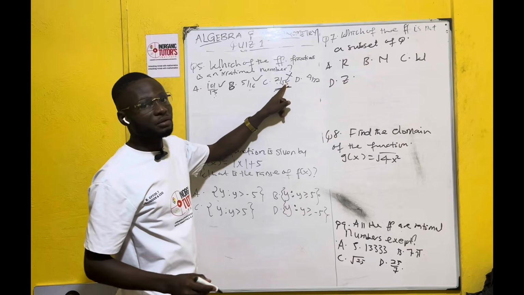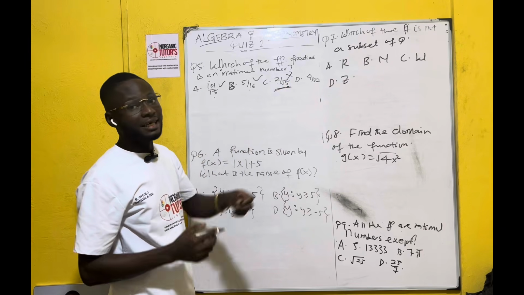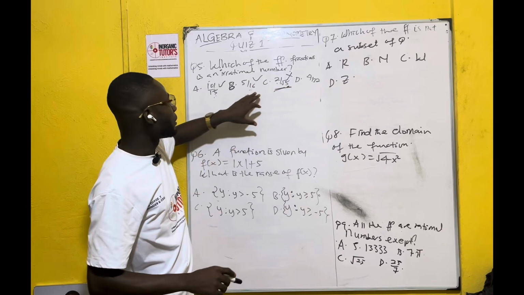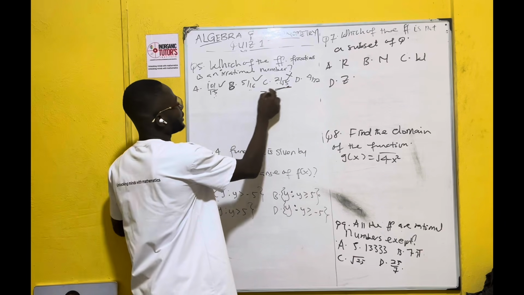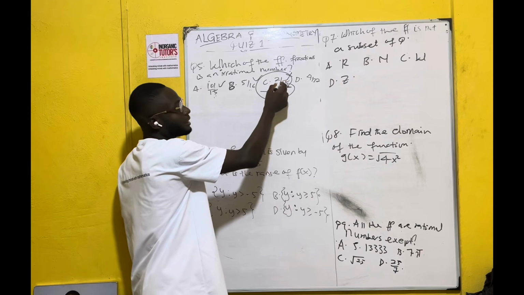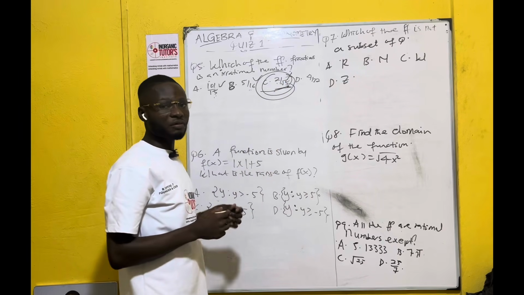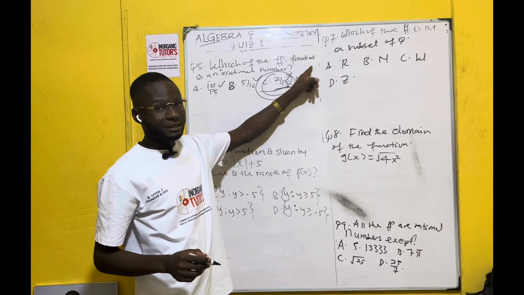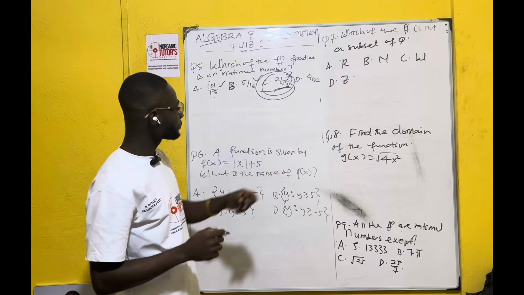We have square root of 5 over there, and square root of 5 is an irrational number. So option C is an irrational number. So which of the following fractions is an irrational number? Option C, 2 over square root of 5. 4 over 32 is not an irrational number, it's a rational number.